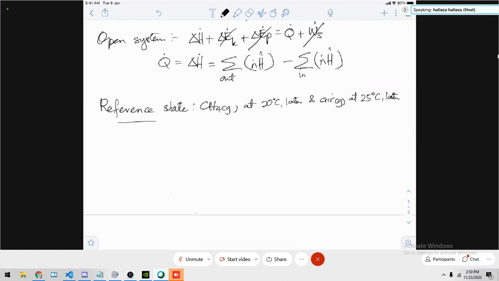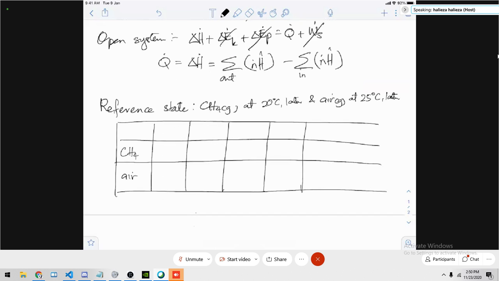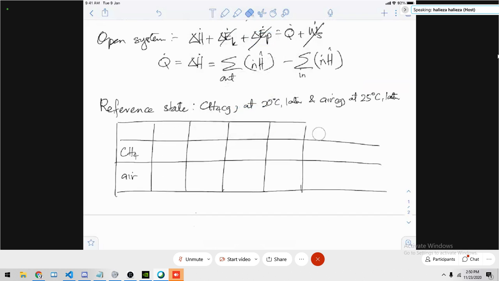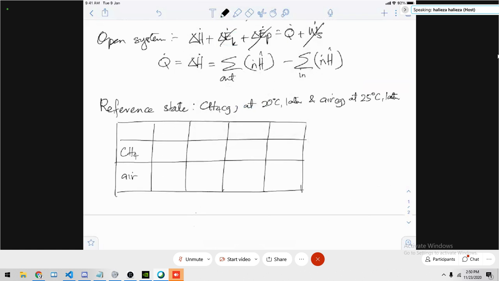Let's tabulate our table. You have two components again: methane and A. That's the inlet, and that's the outlet. Now fill up your table.